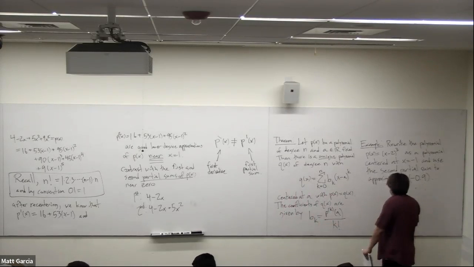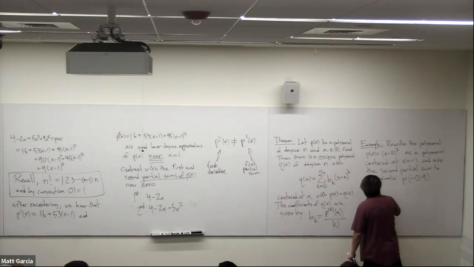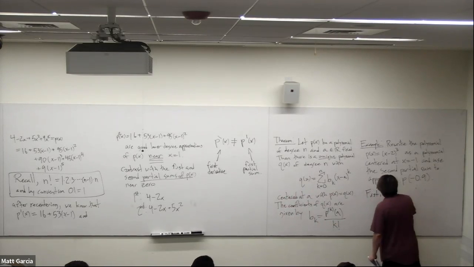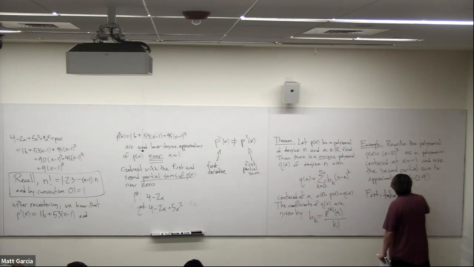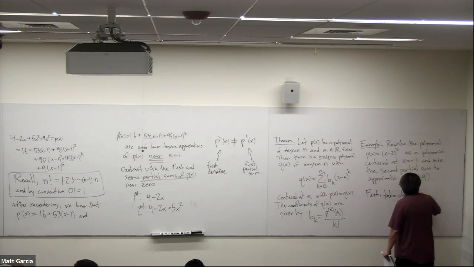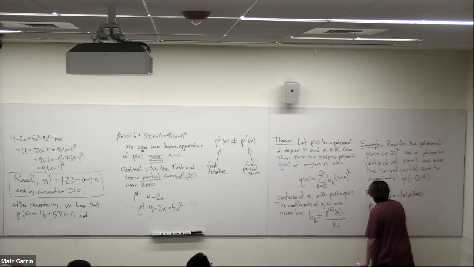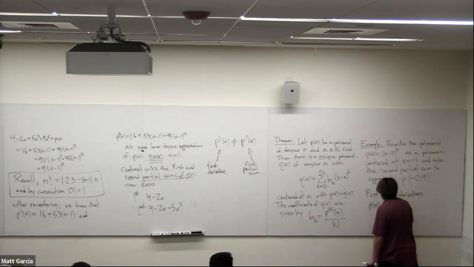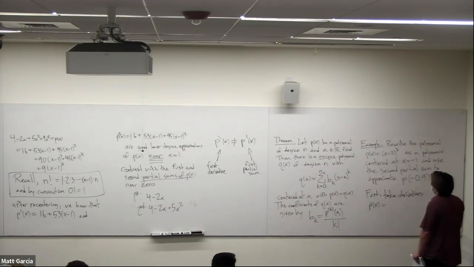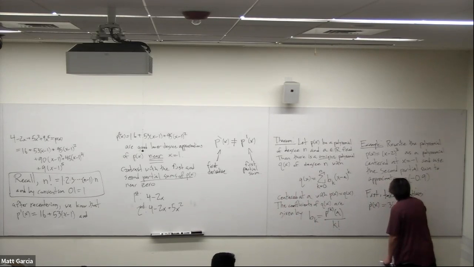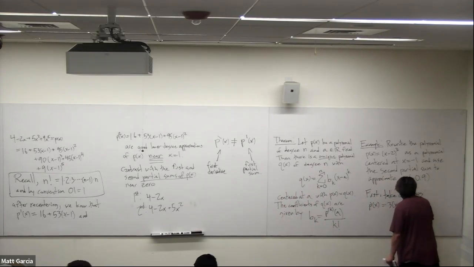Okay, so first, take derivatives. What's the first derivative of P of x? 3 times x minus 2 squared. Good.